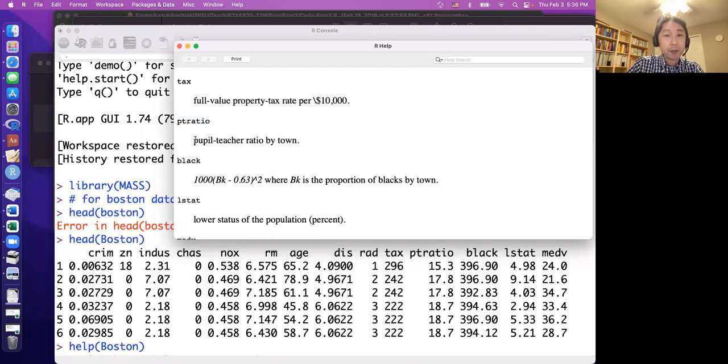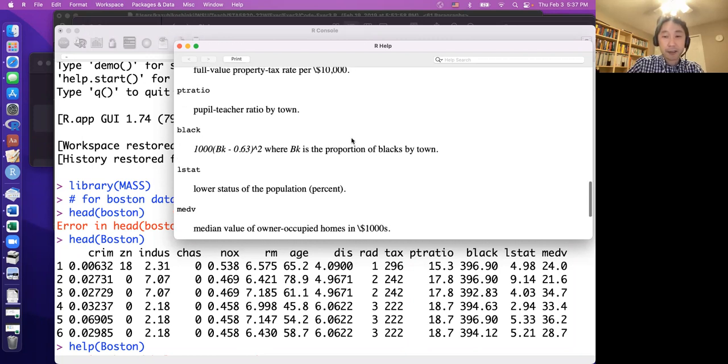And PTRATIO is the pupil-teacher ratio by town. This is a hard variable to use generally. Of course, more teachers is better, right? But also a popular school district attracts more students, which makes the pupil-teacher ratio higher. So it's hard to deal with this variable. And BLACK is a complicated variable: 1000 times the proportion of blacks minus 0.63, squared.